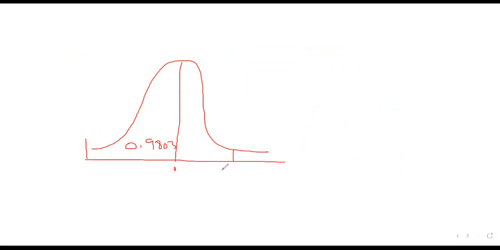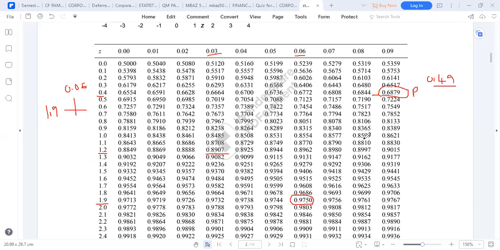So what is our Z here? You need to check inside the table which one is corresponding to 98.03. Let's check from inside the table. Give me the corresponding figure 98.03, 0.9803. Okay.